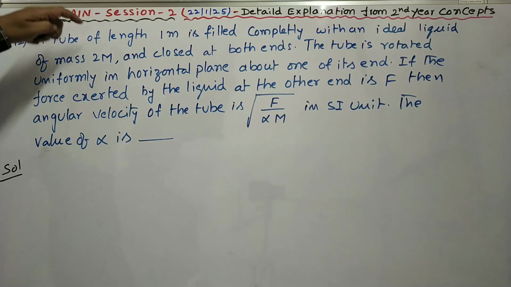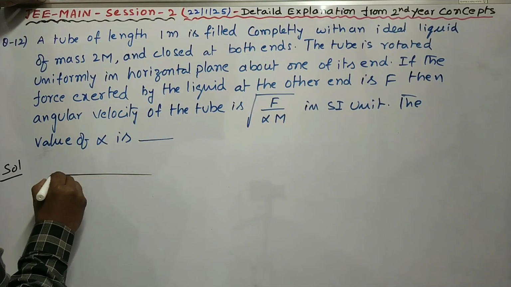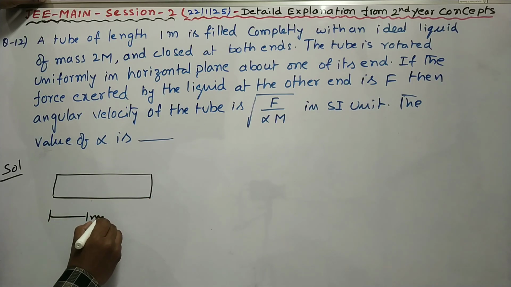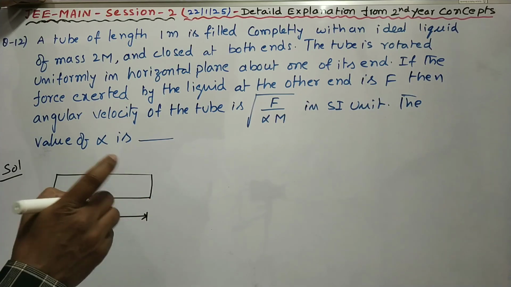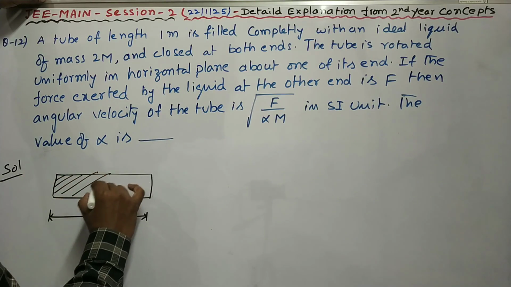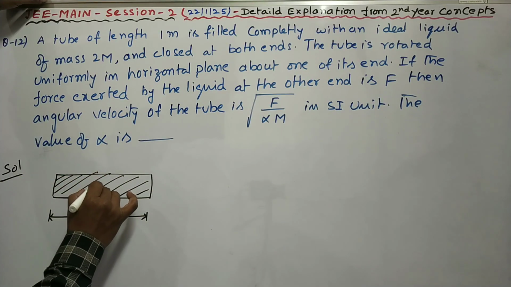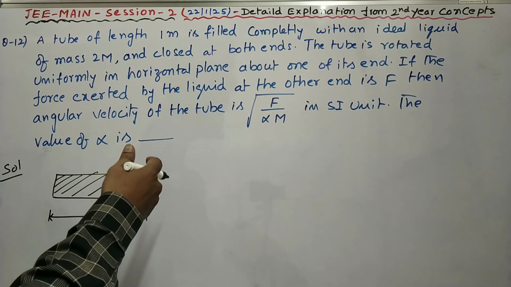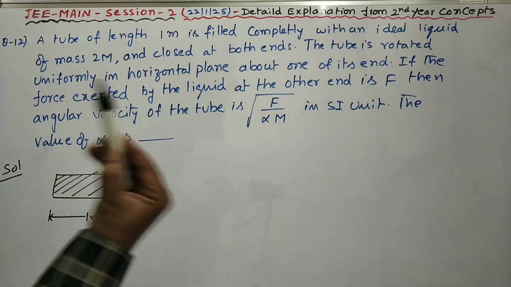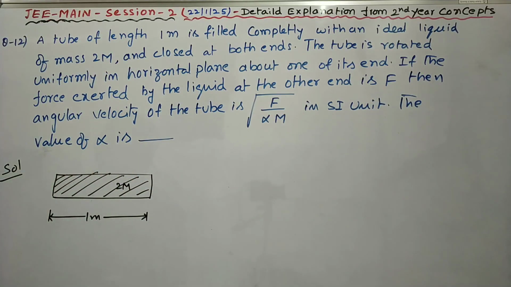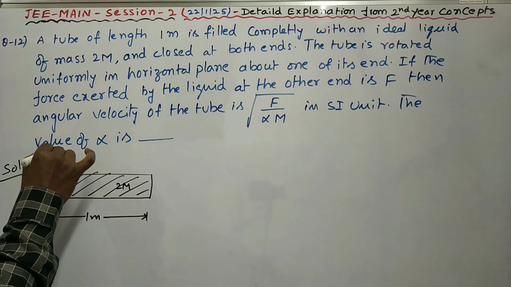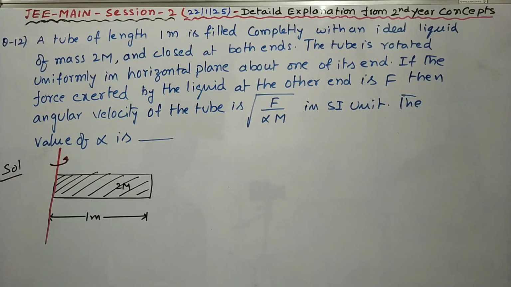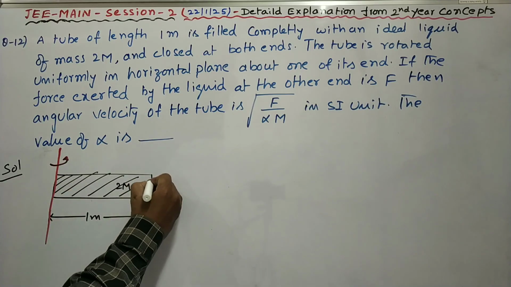Suppose this is a tube of length 1 meter, completely filled with liquid of mass 2m, closed at both ends, and allowed to rotate about an axis passing through one of its ends. The liquid exerts a force on the other end.